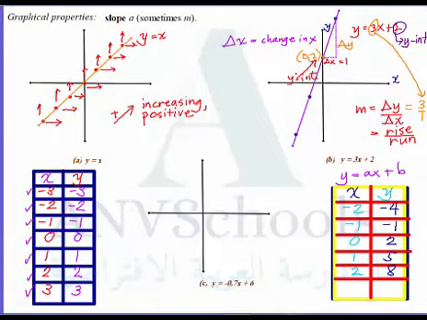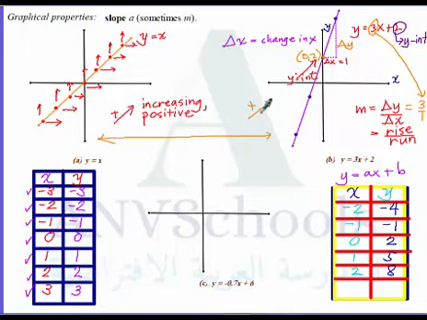Now what can we say about the slope of this function, 3x plus 2? With respect to the first example, our slope is also positive and increasing.